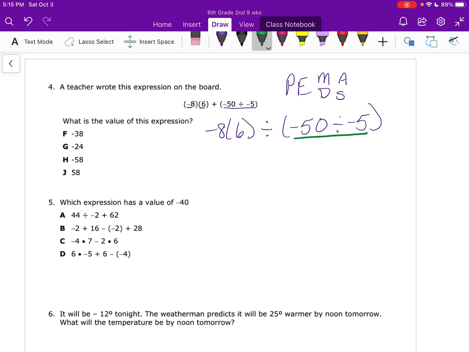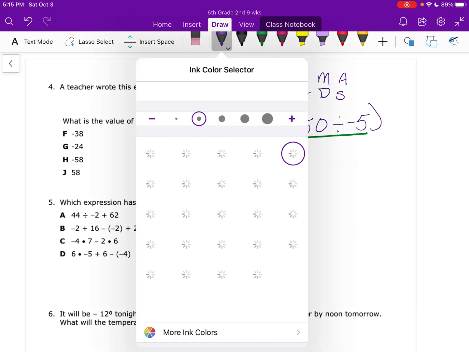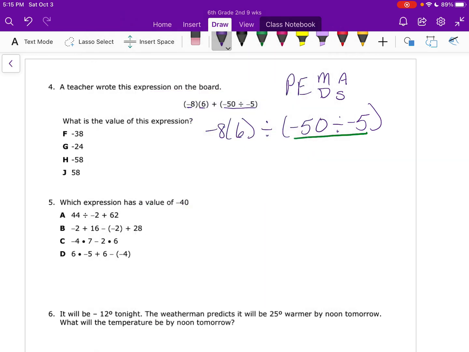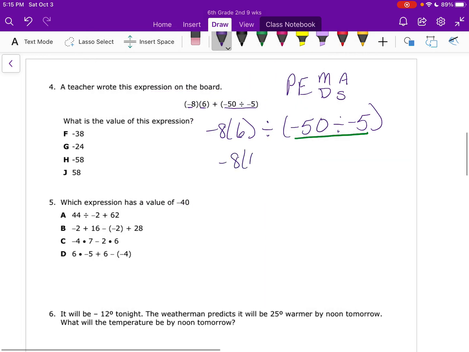When you do order of operations, you rewrite everything down the same except the thing that you changed. So we're changing negative 50 divided by negative 5, and that's going to give us 10. And it's going to be positive because a negative divided by a negative is a positive.